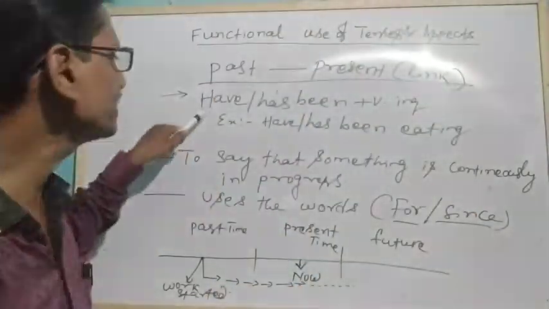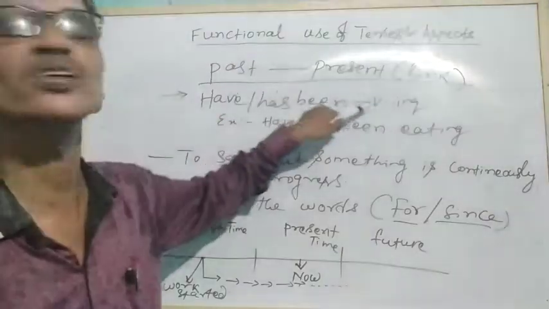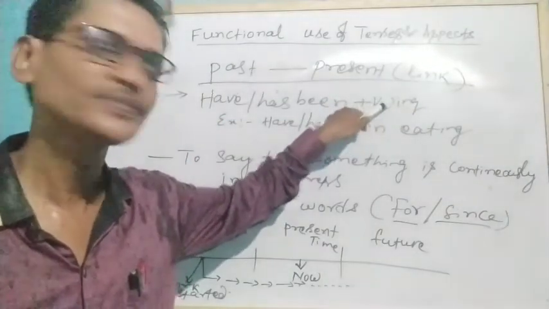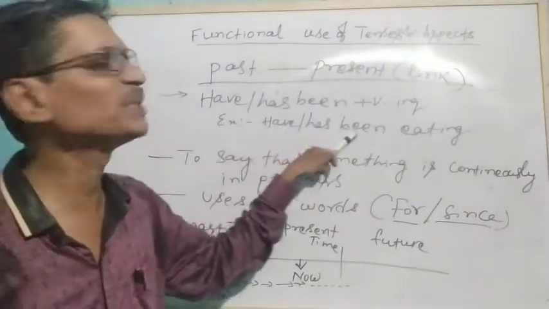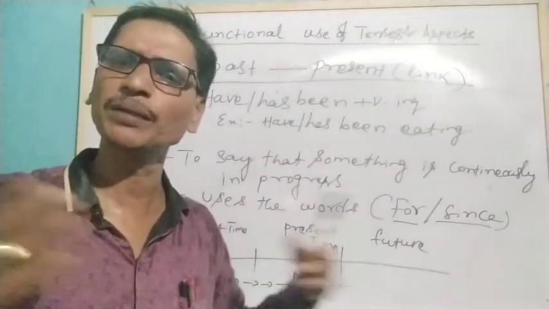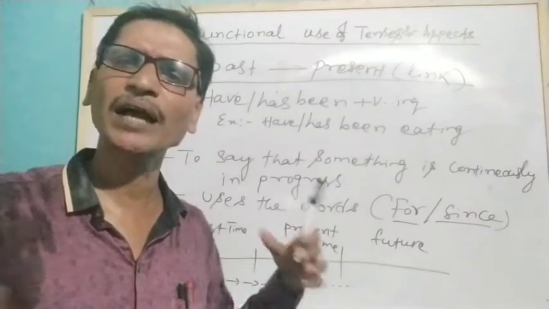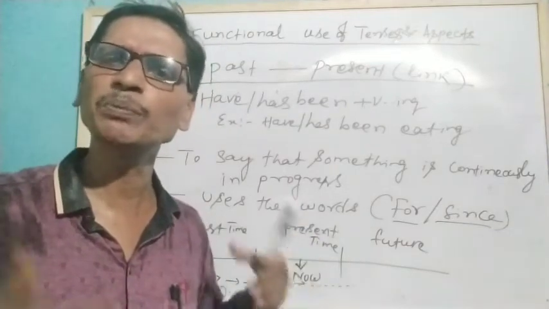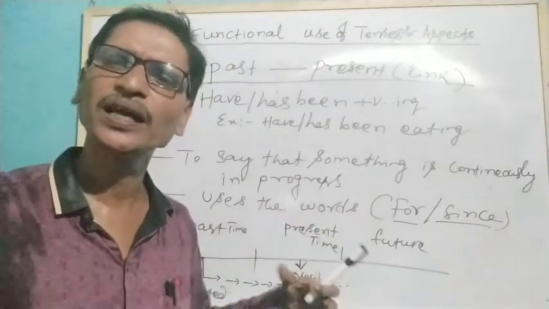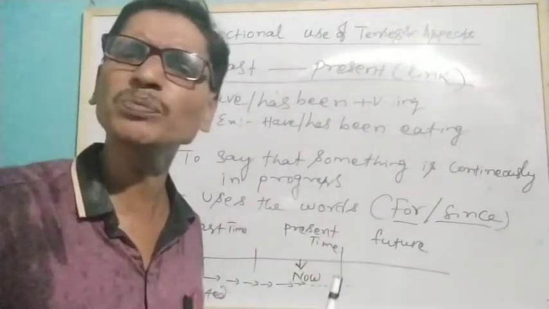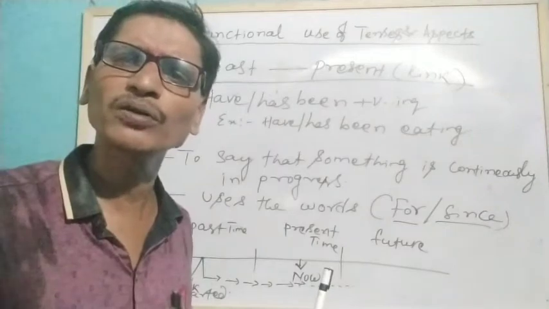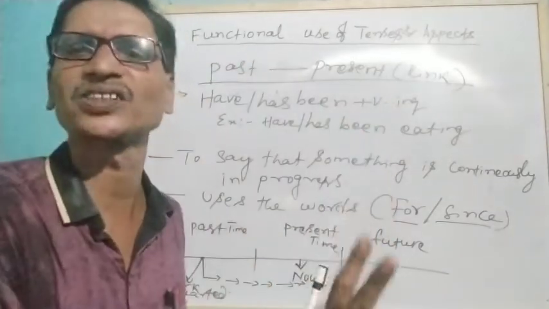Now we are discussing have has been plus verb ing form. Here we have used, example is given, have has been eating, have has been sleeping, have has been reading, have has been teaching, have has been playing, have has been watching, have has been working.